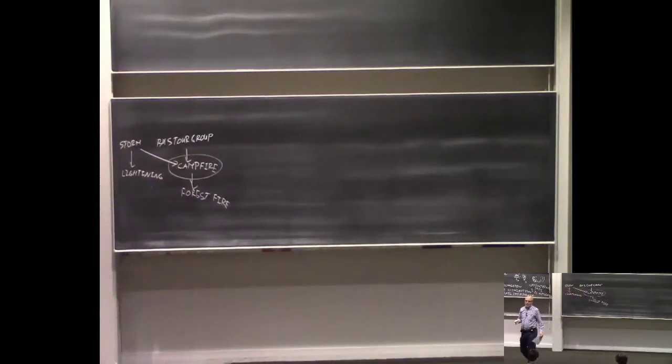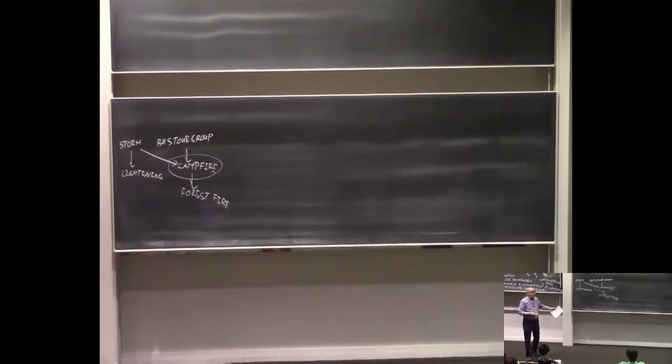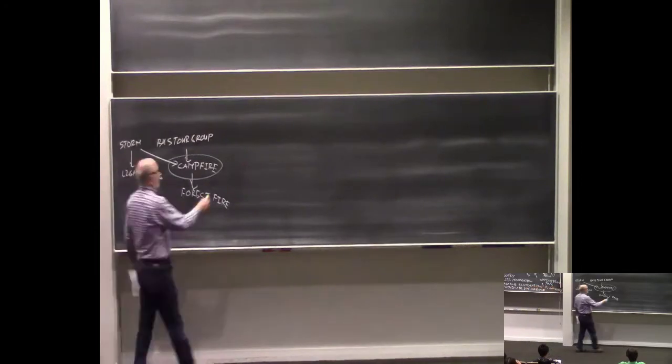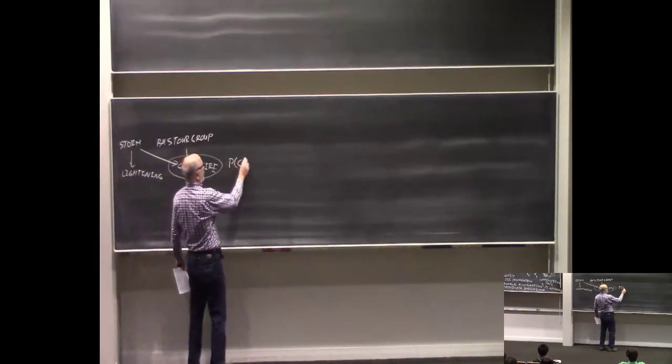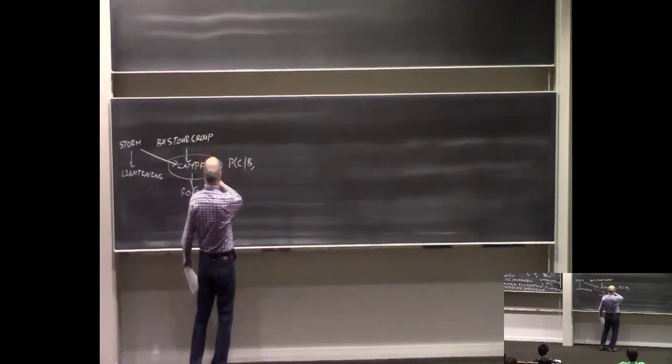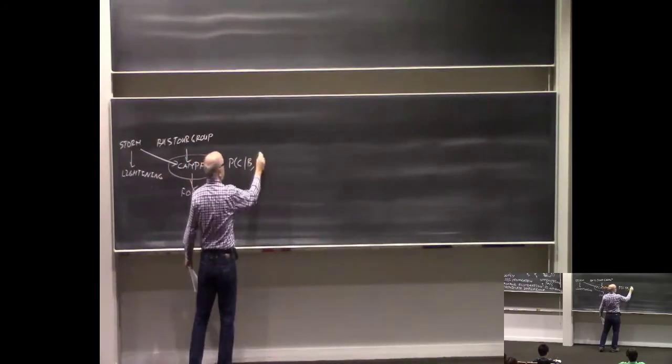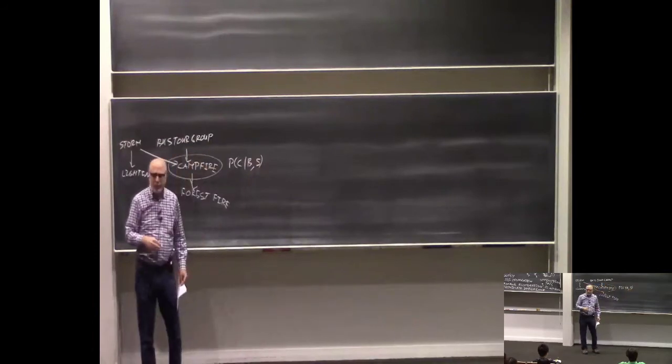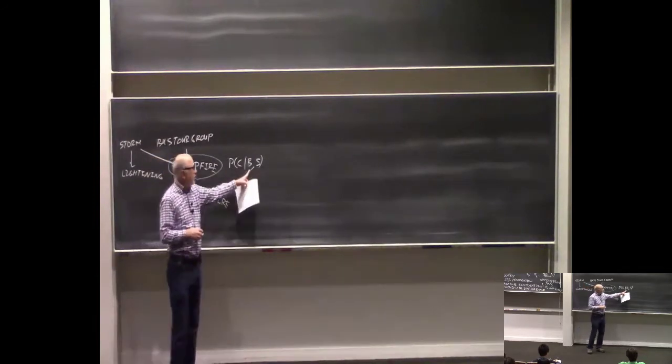Let's say your structure, I don't know that this is exactly the same as in the Mitchell example, but let's just say that you have a node that has two parents. And for simplicity, let's assume they're all binary. You need to estimate the parameters of campfire conditioned on bus and storm. If they're all binary, you need to estimate 4 binary distributions, one for each possible value of these.